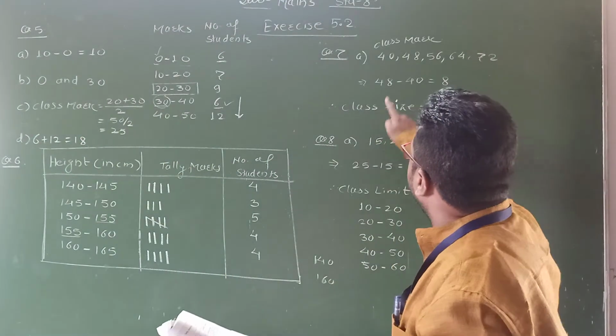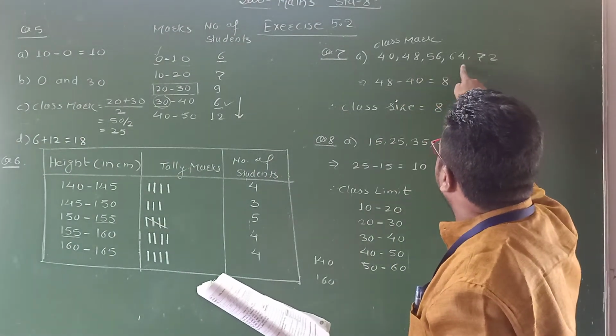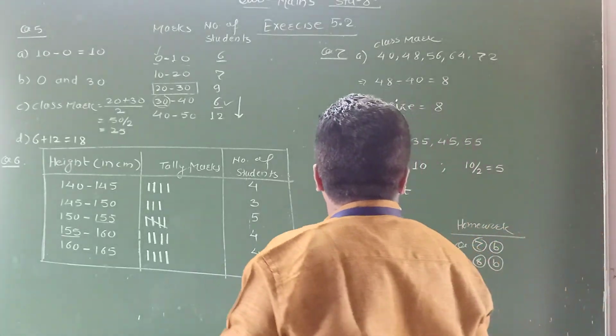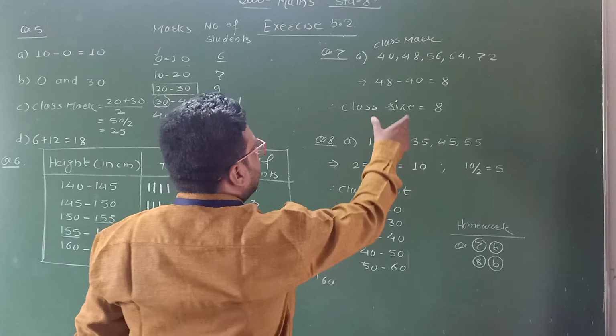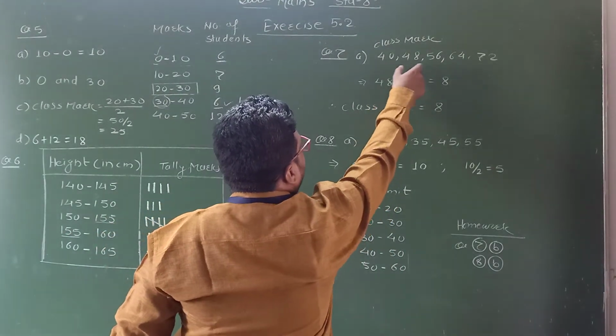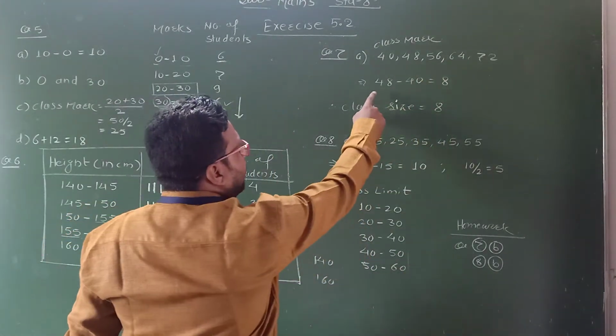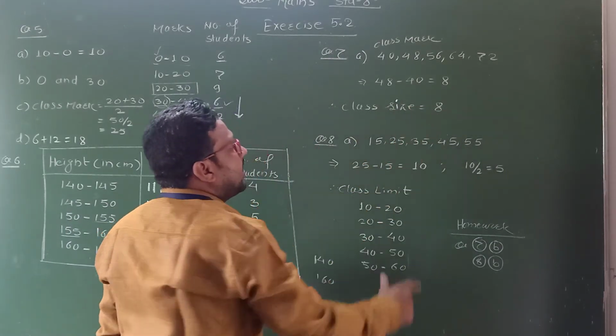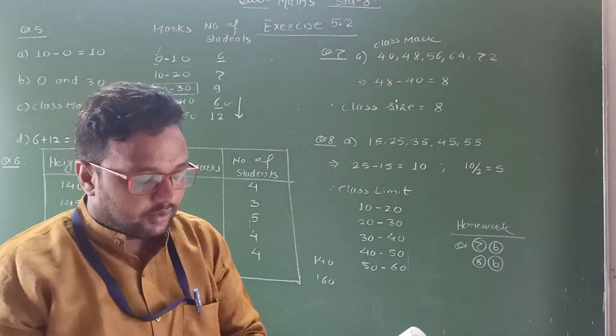For that, here we have to find out the class size. To find the class size, what do we have to do? You have to take the difference between any two consecutive class marks. 48 minus 40, here we get 8, and this represents the class size of the given class interval. Okay.